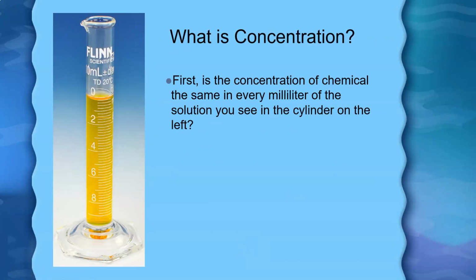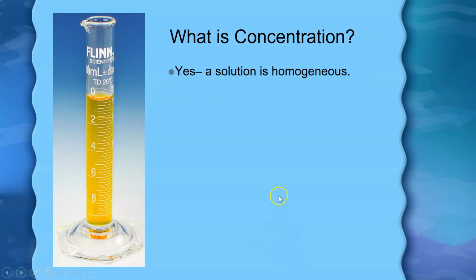So let's think about this. First, is the concentration of this solution in my graduated cylinder the same in all of these, let's say about 10 milliliters of solution? And the answer, of course, is yes. A solution by definition is homogeneous.